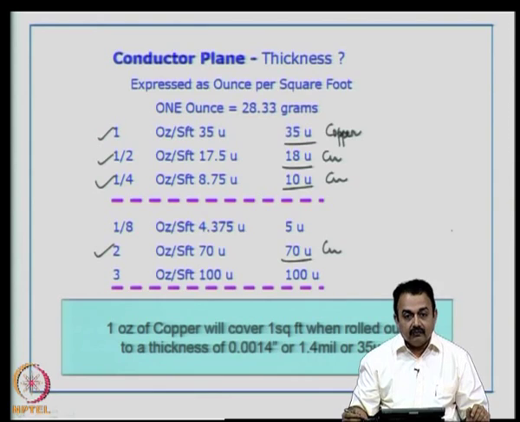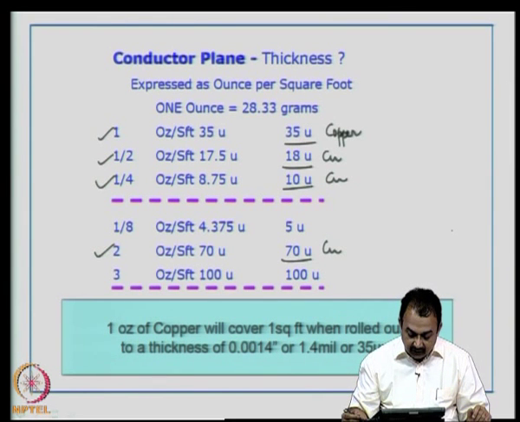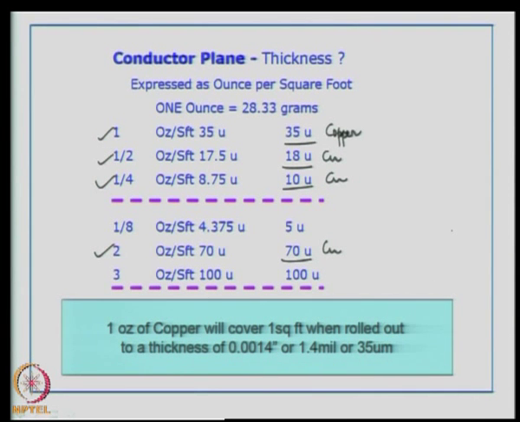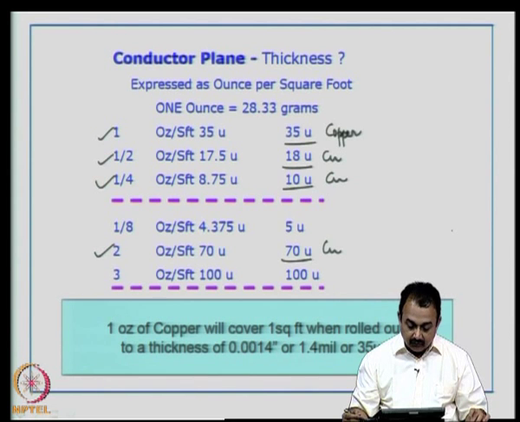So, 1 ounce of copper will cover 1 square feet when rolled out to a thickness of 1.4 mil or 35 micron. So, this is the basis for defining or using standard terminologies like 35 micron copper, or 18 micron copper in a Copperclad laminate, and so on.